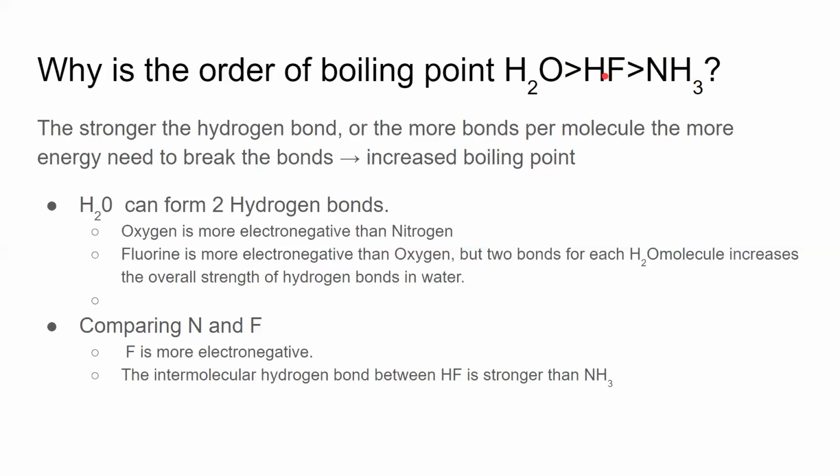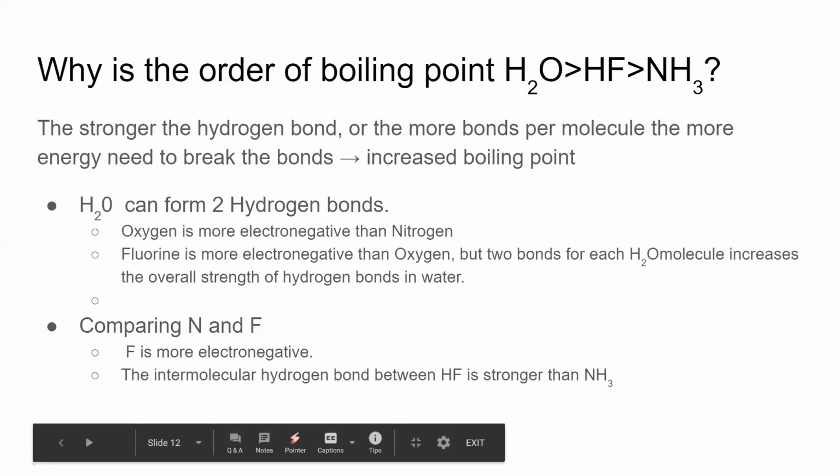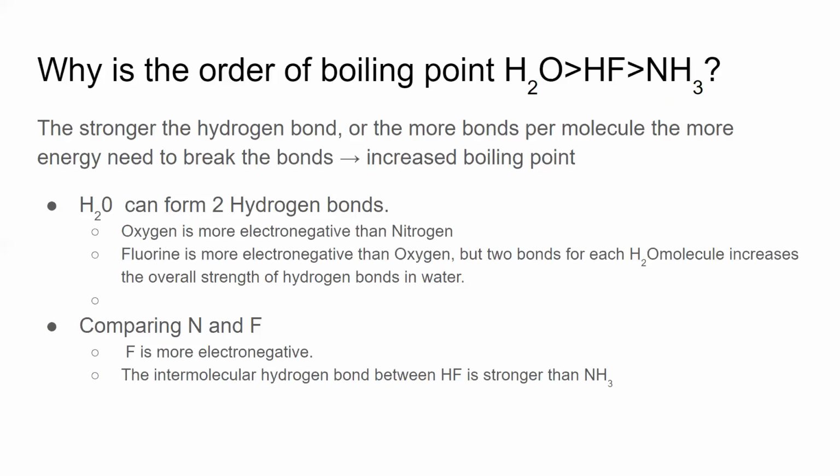Same with HF, it can only form one hydrogen bond. While we do have three hydrogens in ammonia, we only have one unshared pair. Same with HF, we have formed one hydrogen bond there. Because fluorine is more electronegative, it's going to have a stronger single hydrogen bond than ammonia. So that's why water has a higher boiling point than hydrogen fluoride or ammonia.